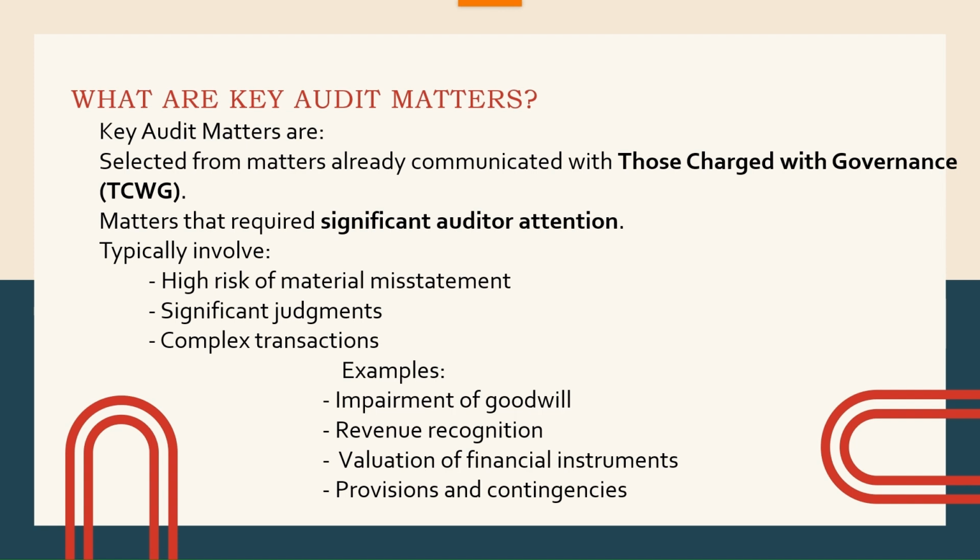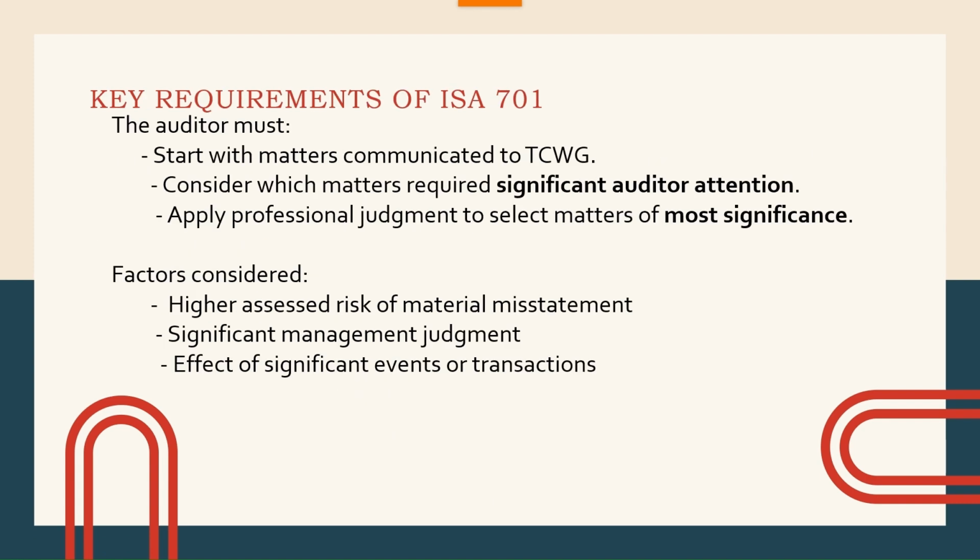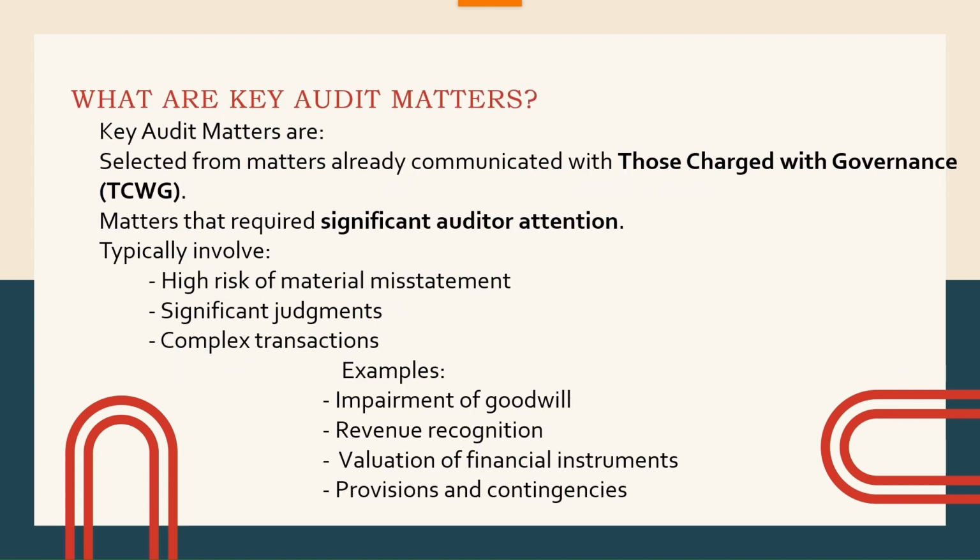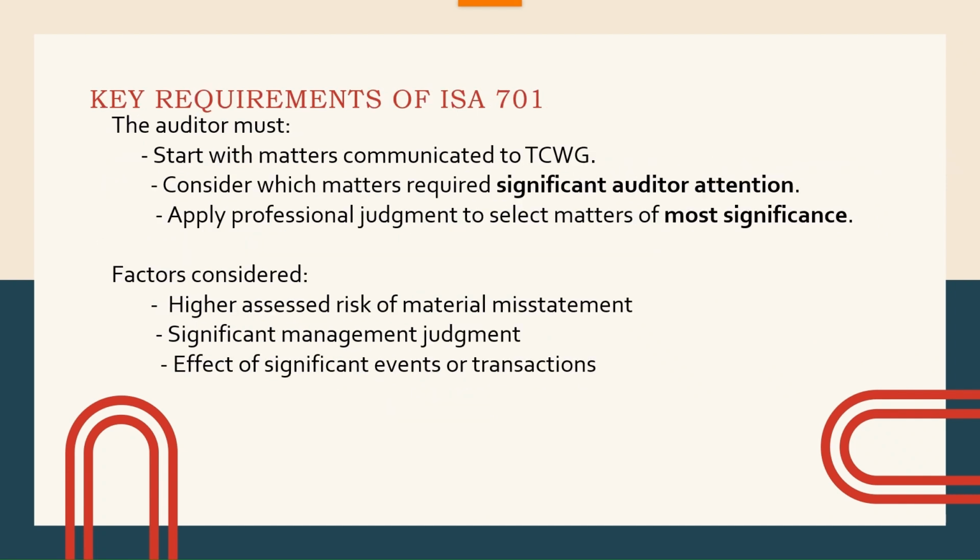They are usually related to high risk areas, major judgments or complex transactions like goodwill impairment, revenue recognition or valuation issues. Let's see how the auditor identifies them. Now let's move forward and see the auditor's requirements.